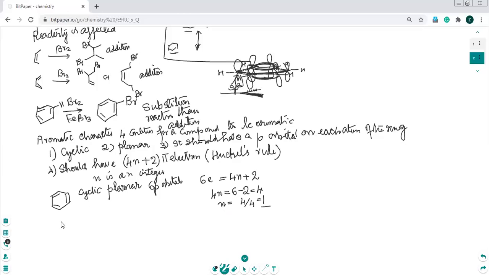Okay, let us look at this molecule. Again, you can see it has alternate single and double bonds. It is cyclic. Whenever there is a double bond, there will be a p orbital. Here you have a p orbital, here, and here, and here. Everywhere there is a double bond, that means there is a p orbital. Now let us apply the 4n plus 2 rule and see whether it is working.